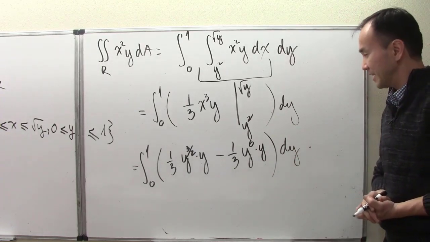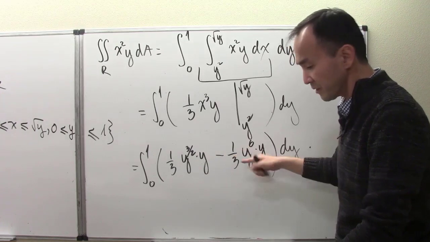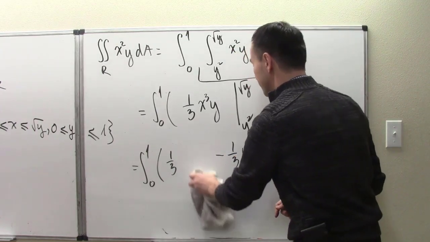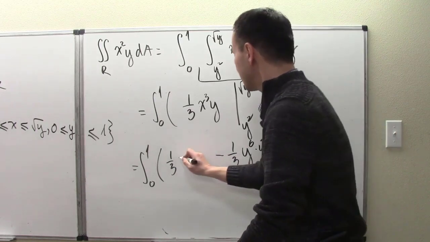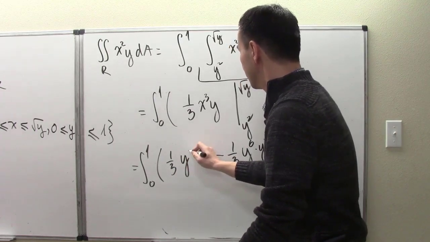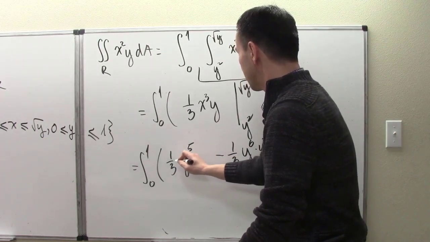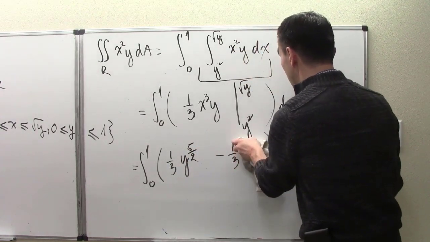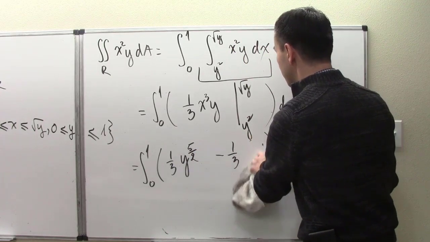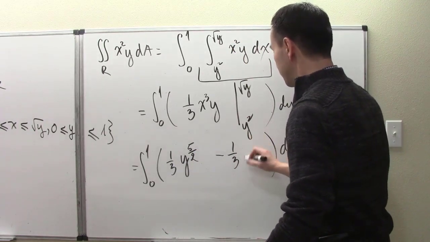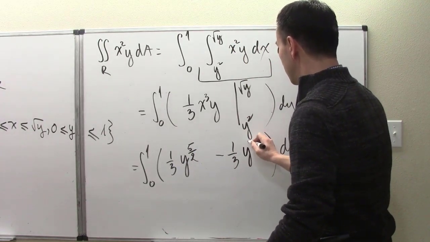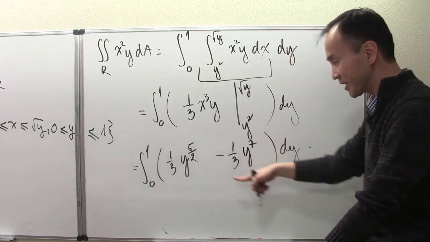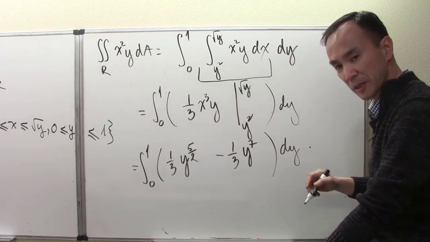All right, and so the cleaner version of this is 1/3 times y to the 5/2 minus 1/3 times y to the 7. And so now we're going to integrate with respect to y.